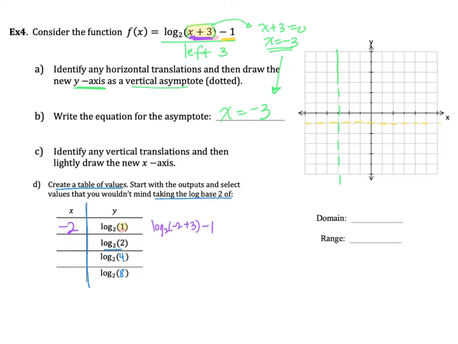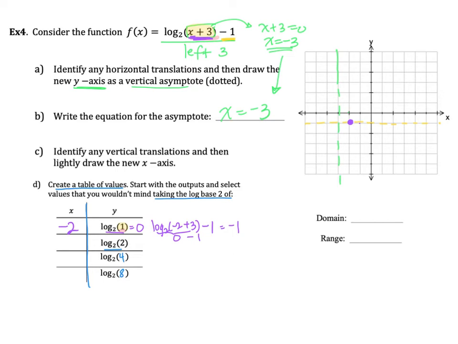Log base 2 of 3 is equal to log base 2 of 1. Log base 2 of 1 is 0. Right, so this becomes 0, and 0 minus 1 is negative 1. So when I plug in negative 2, I'm going to get negative 1. So this is my first point.